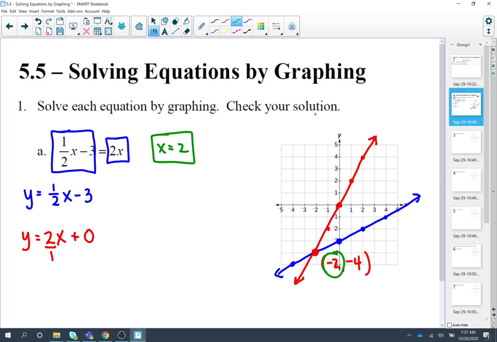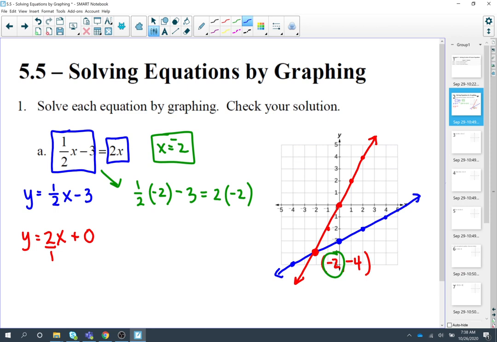We're going to check it. So if I check it, I'm going to get 1/2 times x, which we're saying is, oh, sorry, that's a -2, minus 3 equals 2 times -2. Okay, let's see.